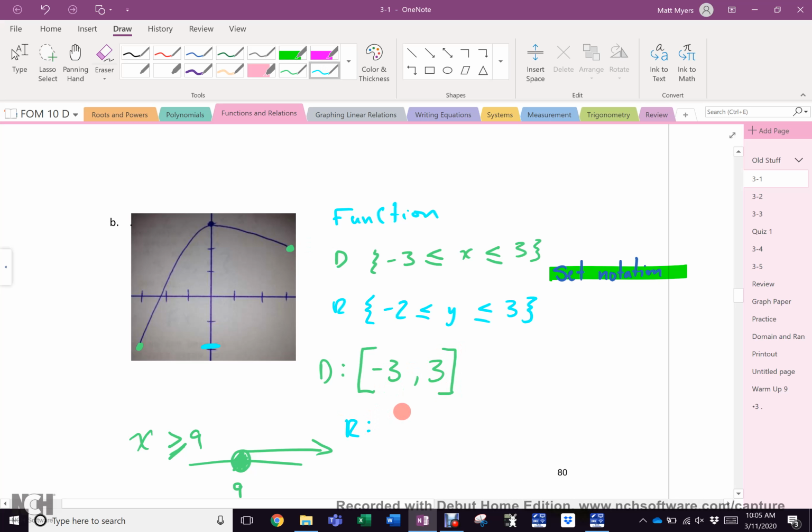Hard or a rounded bracket? Hard bracket, square bracket, and what would the first number be? -2, comma, up to what? 3. And what kind of bracket? Hard bracket, square bracket, because it's equal.